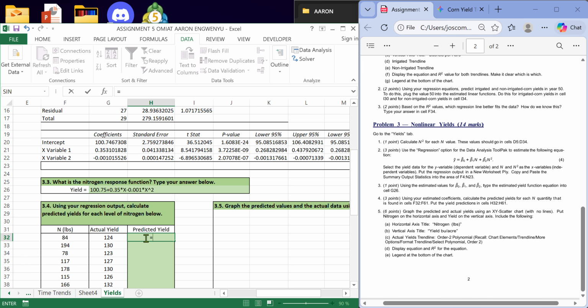The predicted will be equal to, remember it's not so hard, the first one is intercept plus, oh, we are making them absolute, so click on this, press F4 plus this, press F4 times nitrogen N plus this times our nitrogen squared.